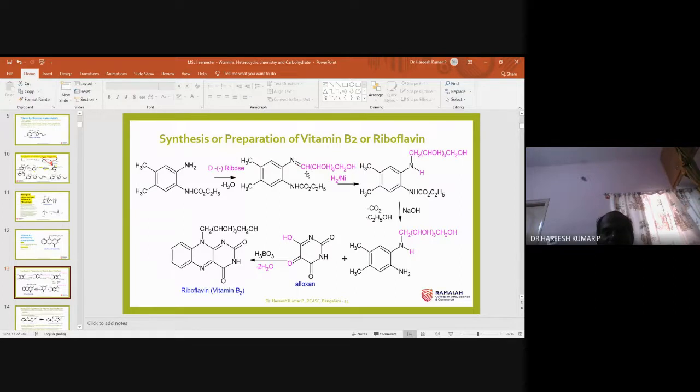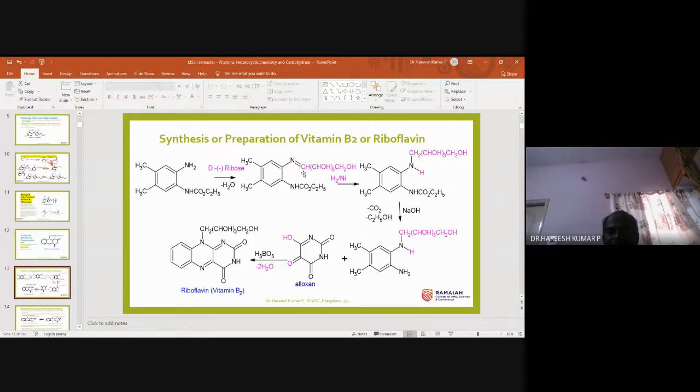Ribose is a five-carbon sugar, an aldopentose. Aldose means CHO is there. That CHO reacts with NH2, with removal of a water moiety. So H2 from here and O from the ribose go out, forming a Schiff base. This is called a Schiff base.